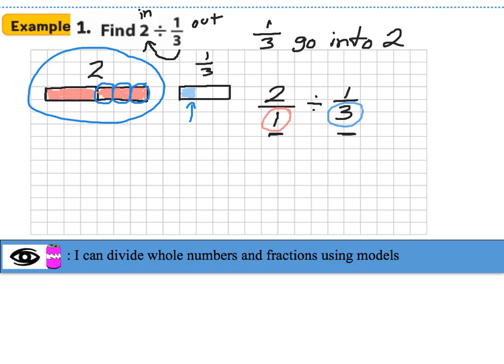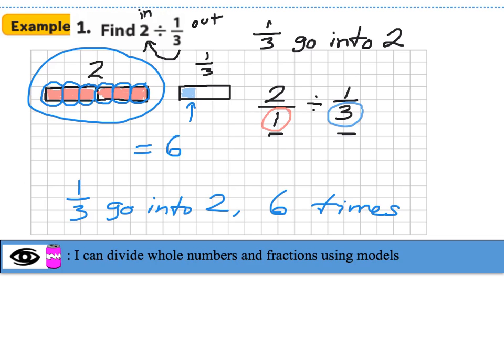Now if you look at it, I can fit 4, 5, 6. So my quotient is equal to 6. So let's go back and answer that question. How many times does 1/3 go into 2? Well, it goes in 6 times.